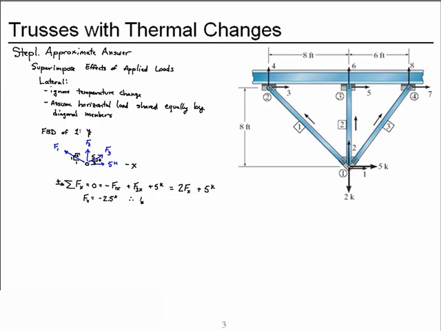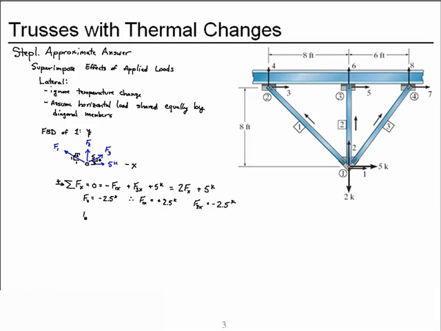And therefore the horizontal component of force in member 1, minus F1x, is plus, this negative and this negative cancel, 2.5 kips. F3x is therefore a negative 2.5 kips.